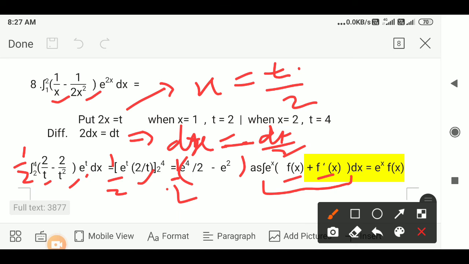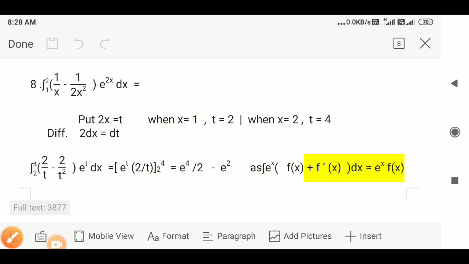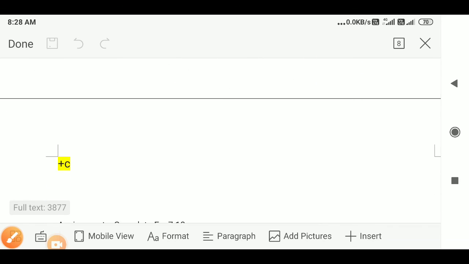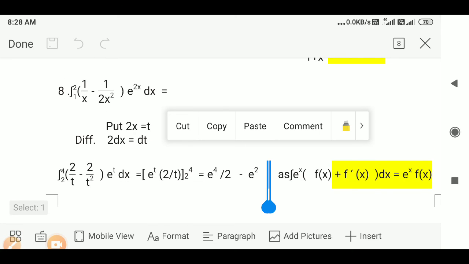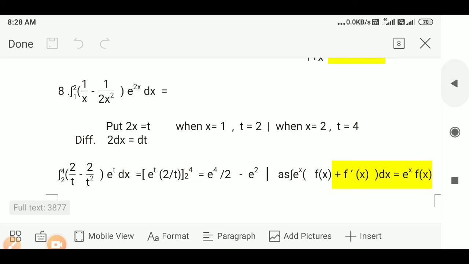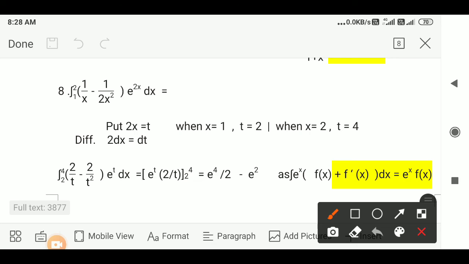We get e power 4 by 2 minus e square. Thus the result becomes like this, with 1 by 2 in the answer, plus c. So this is the result.